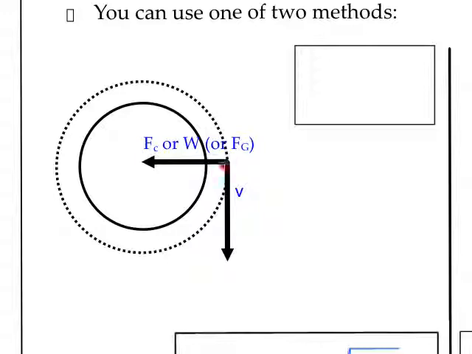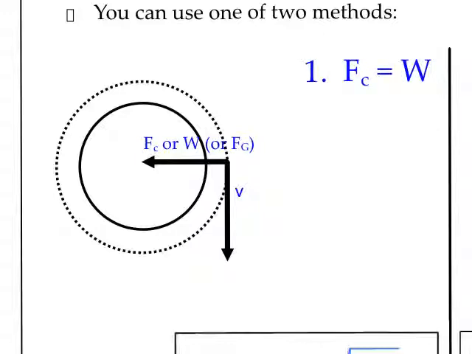Other forces that are considered toward the center would be the weight of my thing going around in orbit, and also that gravitational force from the universal law of gravitation that we talked about last time. So for this one, I'm going to set the centripetal force equal to the weight of my object.